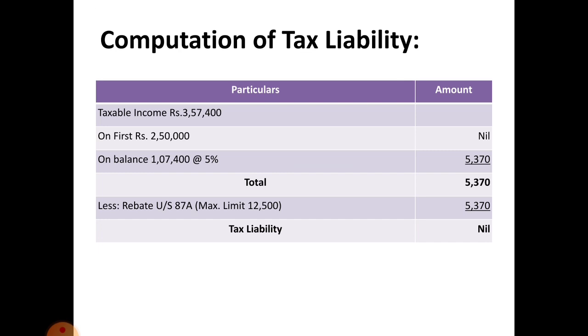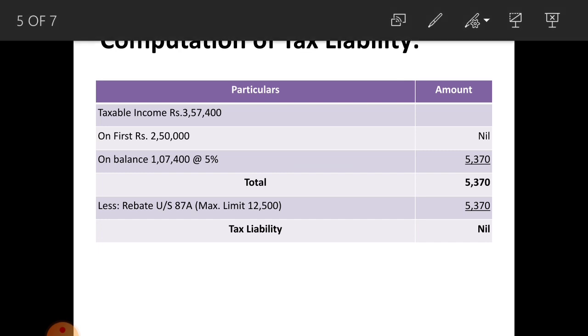Here only 5,370 rupees he should pay as tax, but here his income is less than 5 lakhs, so rebate under section 87A is applicable. Maximum limit is 12,500, but his tax liability is only 5,370 rupees. So this 5,370 rebate is applicable.